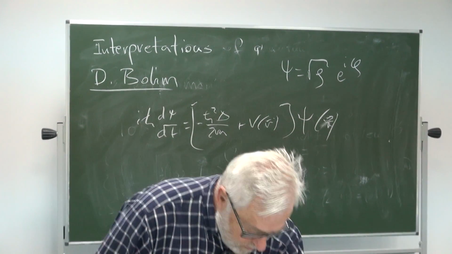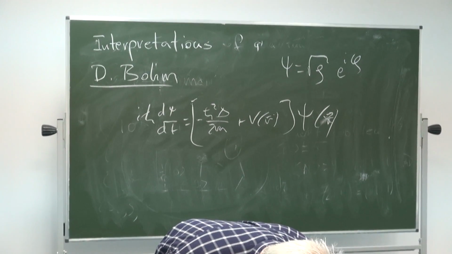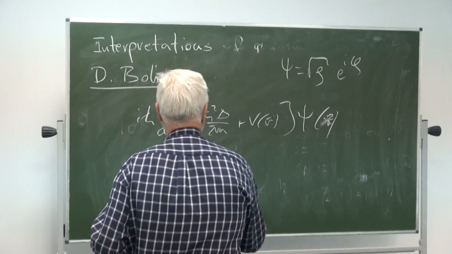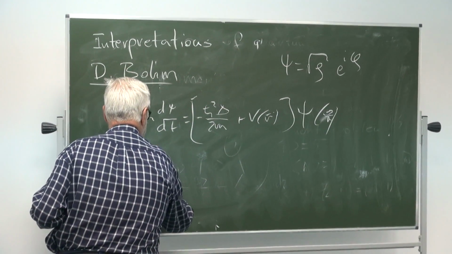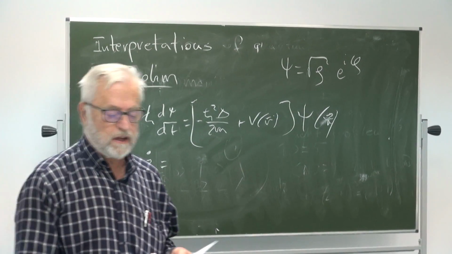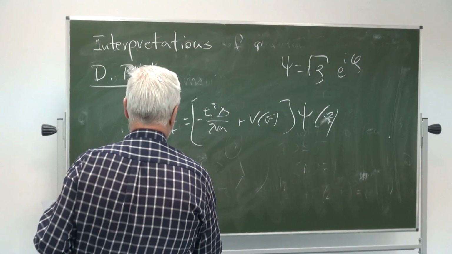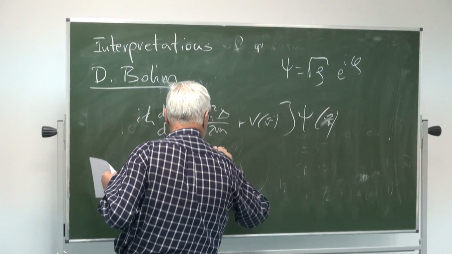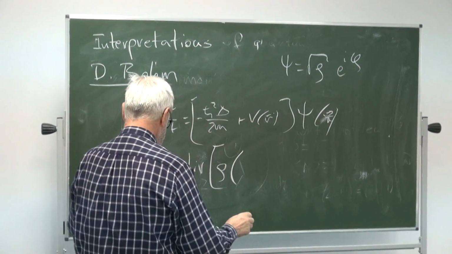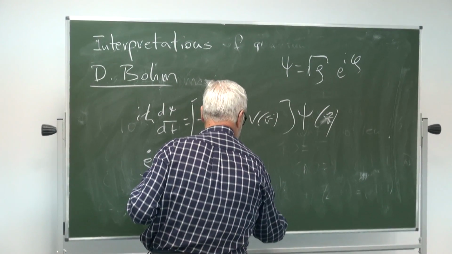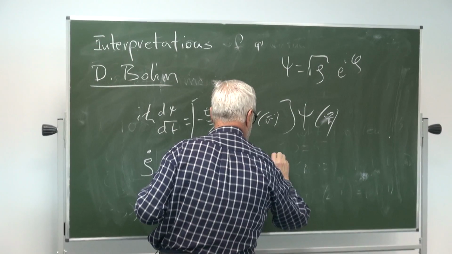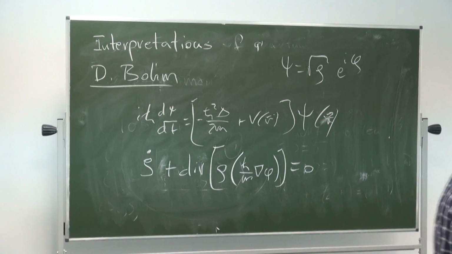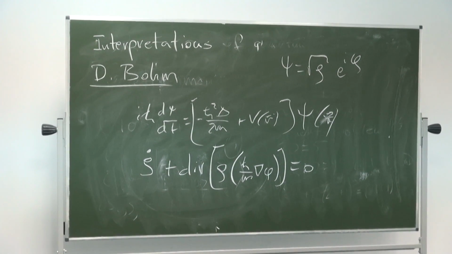Now, the resulting equations are kind of familiar. So the first of them, which is telling you what is the derivative of the probability distribution, is this: rho dot plus divergence of rho times h bar over m times gradient of phi equals 0. Now, this should remind you, of course, of a continuity equation for any flow.